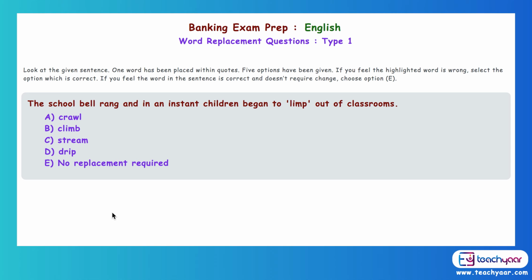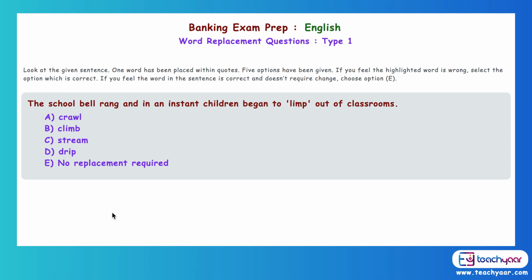So the school bell rang and in an instant children began to limp out of classrooms. The minute you read the sentence, you come to know that the word limp is not the right word. Because children, when they come out of a classroom, they don't limp. What's the meaning of limp? It is when a person has a difficulty in walking, he walks in a very uncomfortable manner.